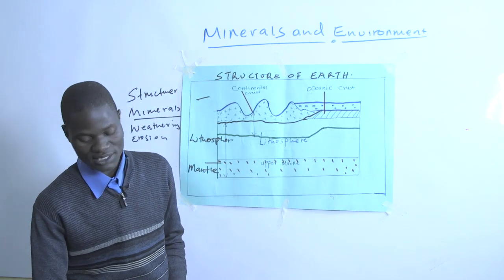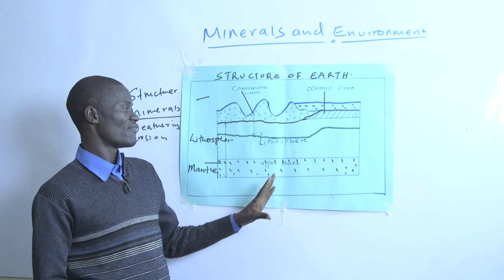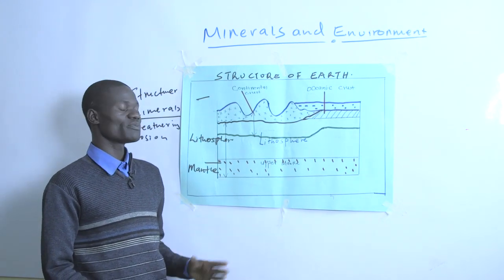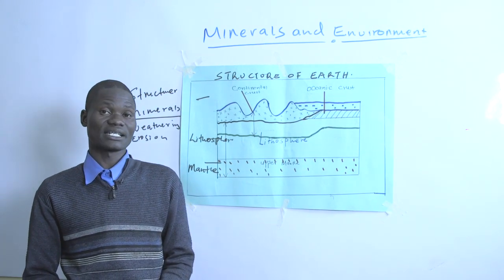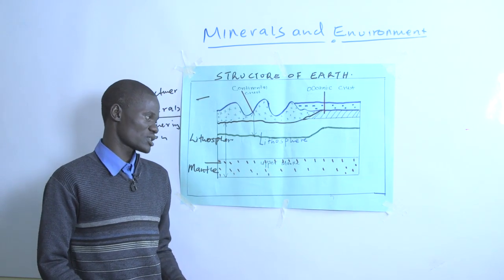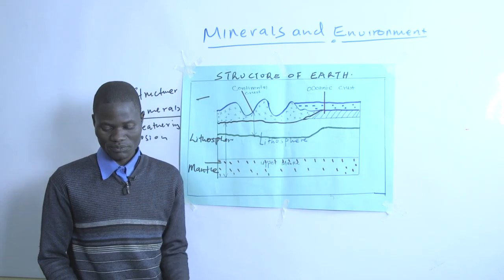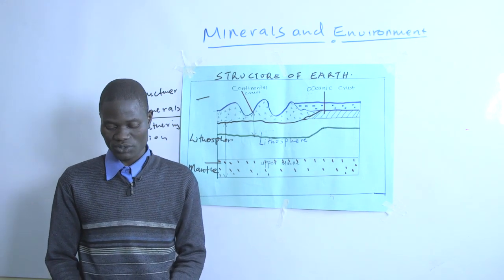From the previous lesson, we learned that the mantle extends up to 2,885 kilometers of thickness. We also learned that it has a variation of temperature that ranges between 1,000 to 2,500 degrees Celsius. Most of the rocks found in the mantle are semi-molten, especially in the upper mantle.